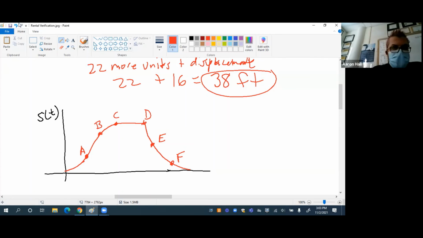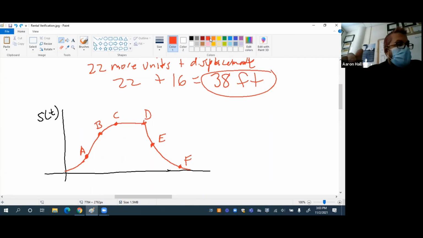There's a point that's almost right in here. What's that called? Starts with an I. Yeah, an inflection point. What does an inflection point mean? It's when it changes concavity. What kind of concavity do we have here? Concave up. What about here? Concave down. Good. That was just a sidebar.